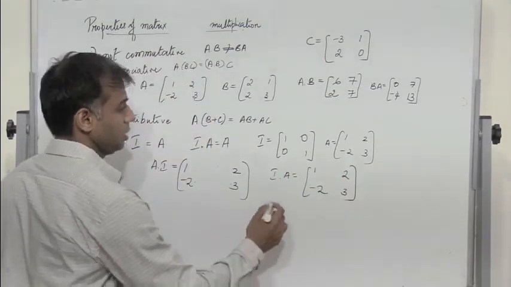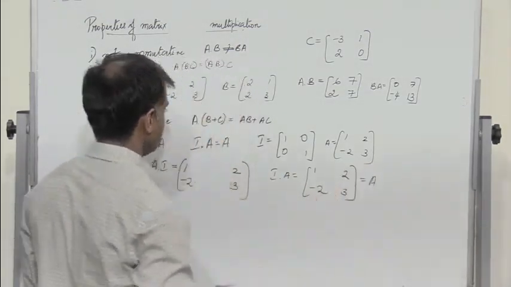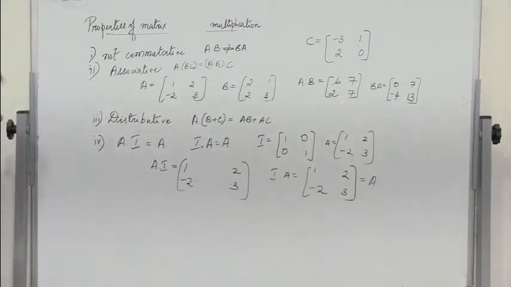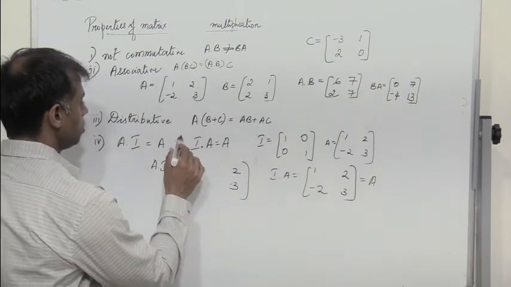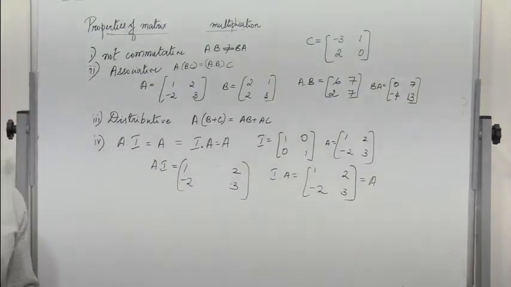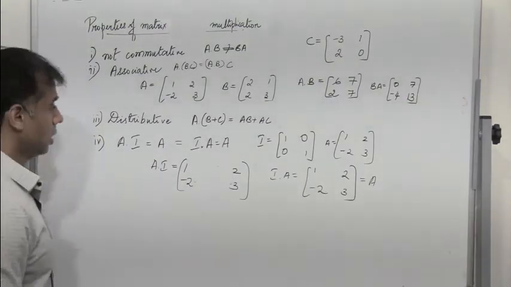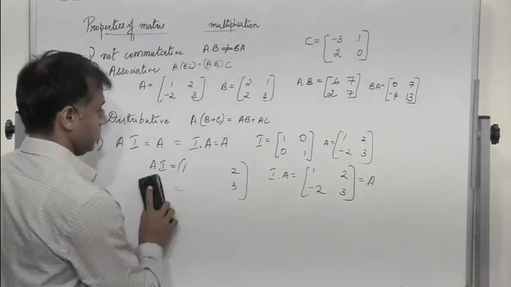So we end up getting A itself. Right? So therefore, I into A is equal to A into I is equal to A. The very important property of matrix multiplication.